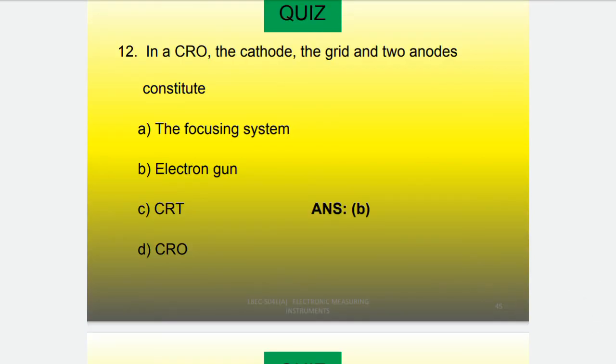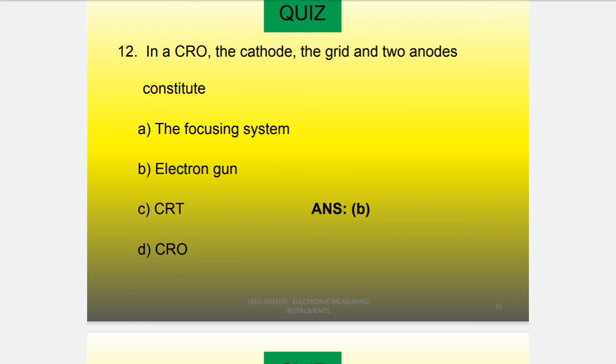In a CRO, the cathode, the grid, and two anodes constitute dash. A. Focusing system. B. Electron gun. C. CRT. D. CRO.